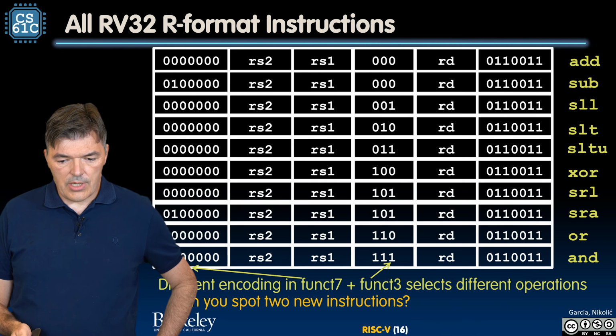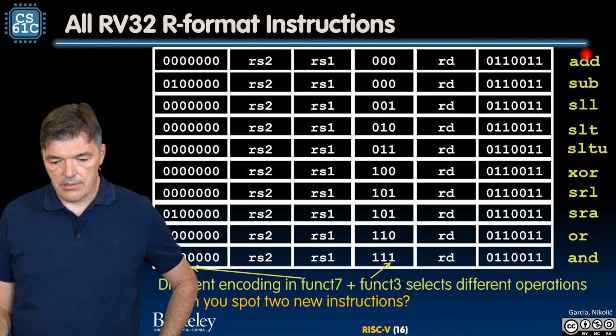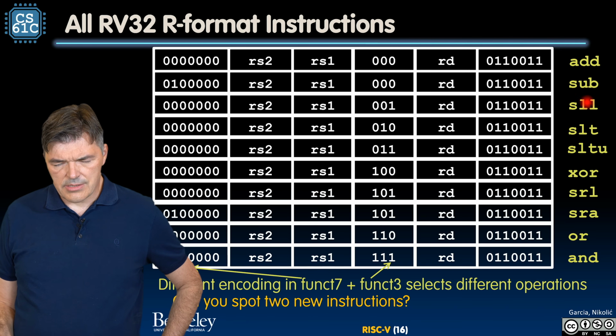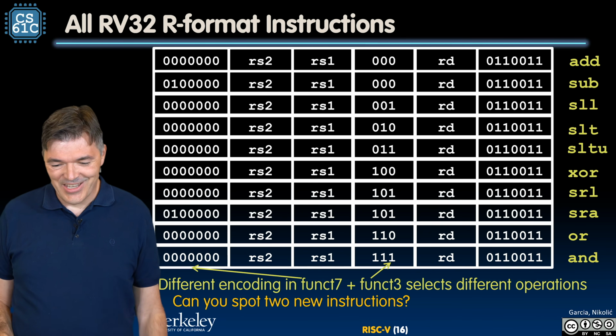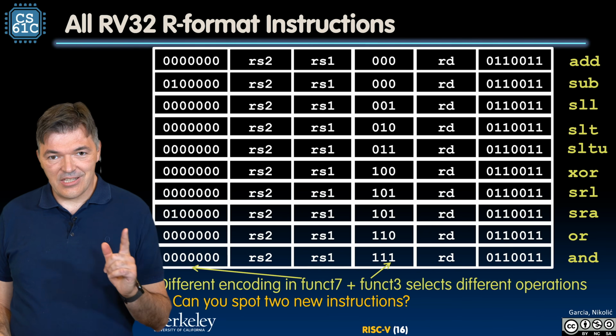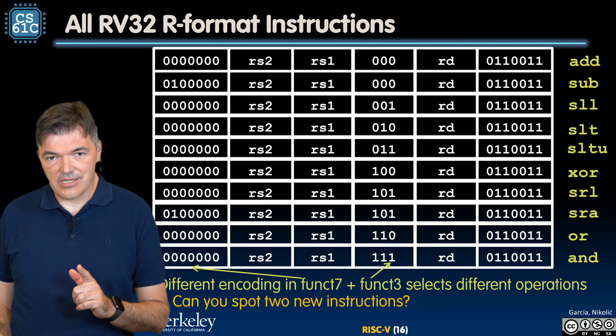The instructions that we have here are add, sub, SLL, SLT. SLL stands for shift left logical. What is SLT? It's a new instruction. It is set on less than.